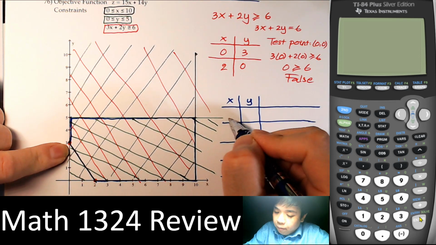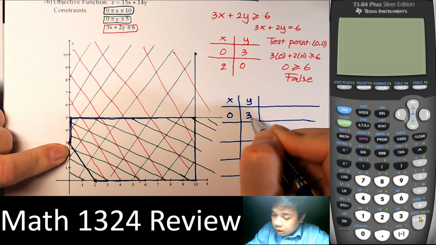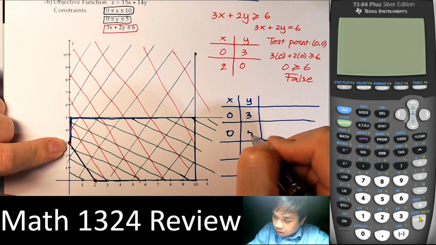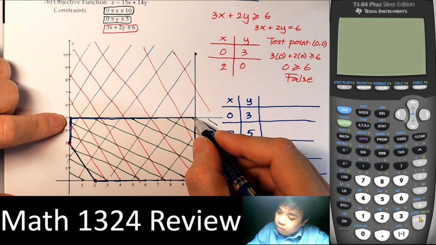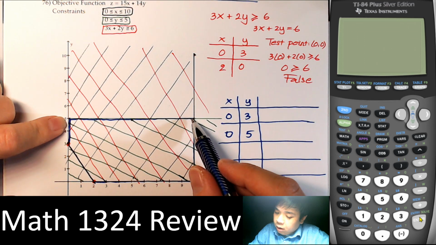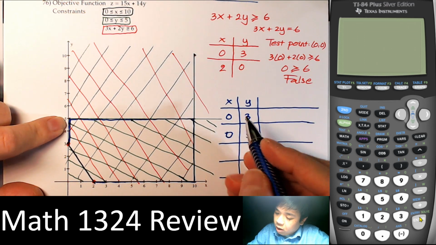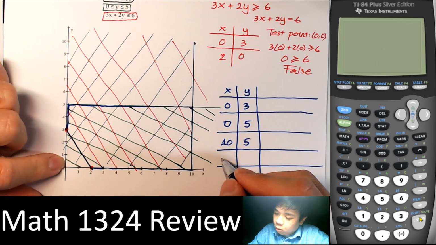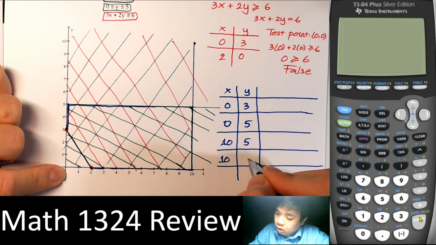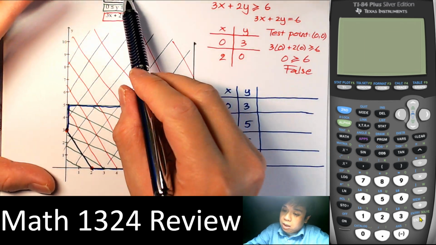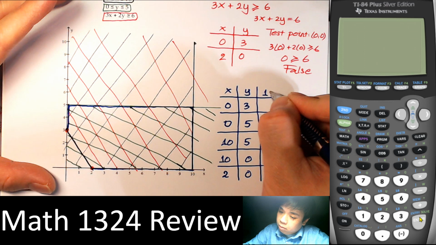So x equal to 0, y equal to 3; x equal to 0, y equal to 5. This point is x equal to 10, y equal to 5. This point is x equal to 10, y equal to 0, and now x equal to 2, y equal to 0. Of course, we test for this function, try to find the maximum.